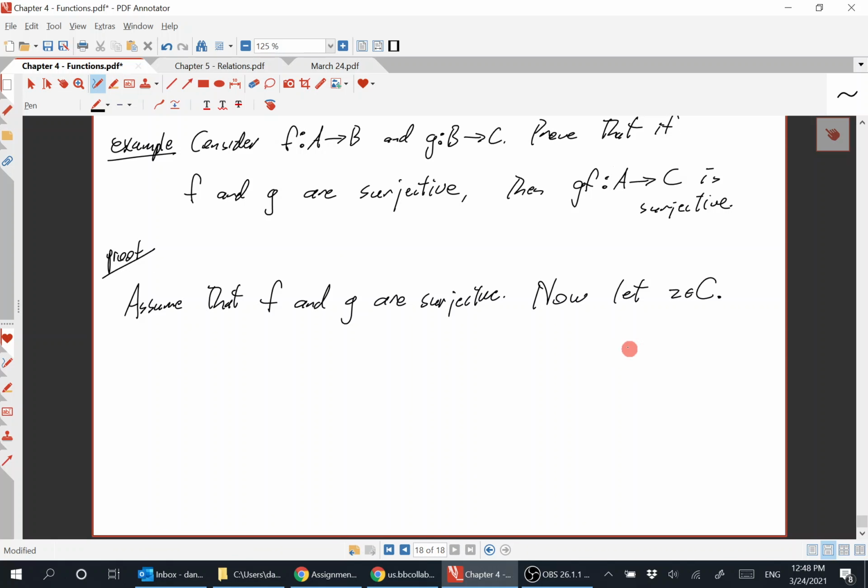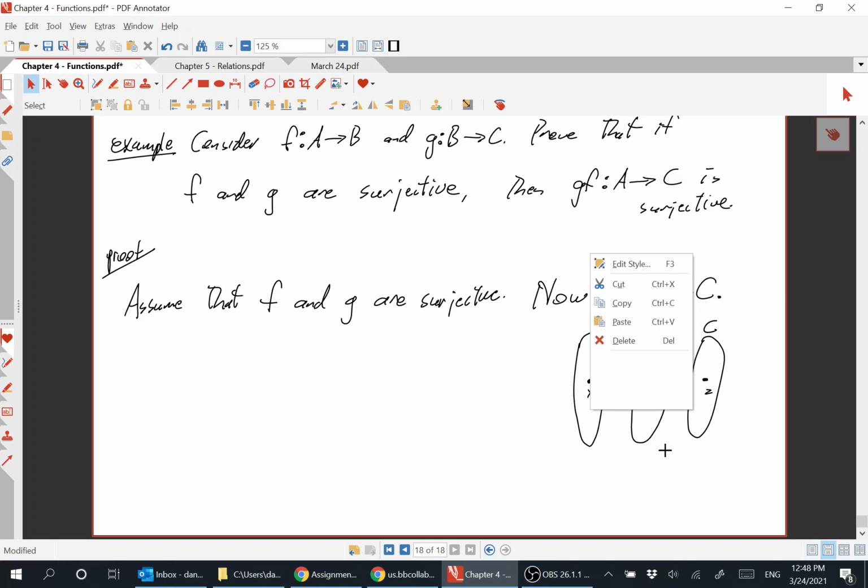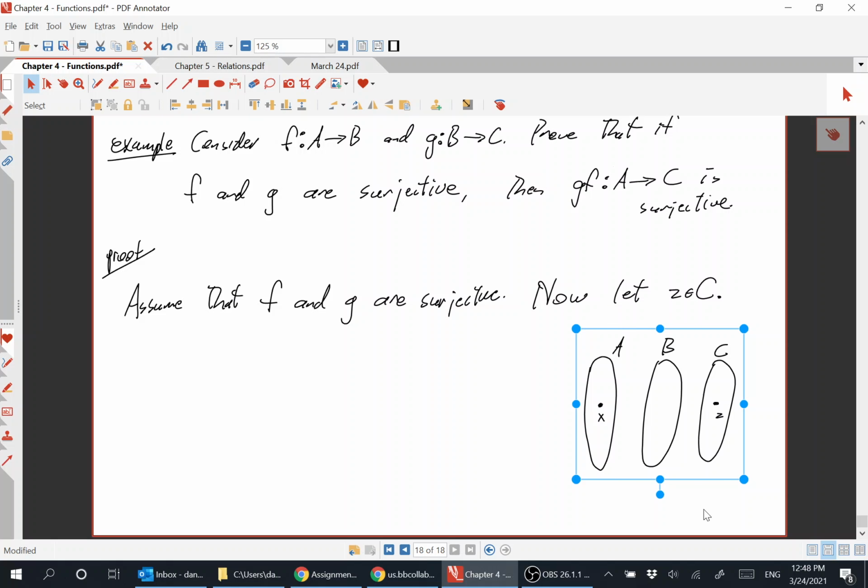All right, so let's look at a picture here. Maybe it'll be helpful. So here's A, B, C. Proofs don't have to have pictures, but sometimes they're nice. Sometimes they definitely are appropriate.